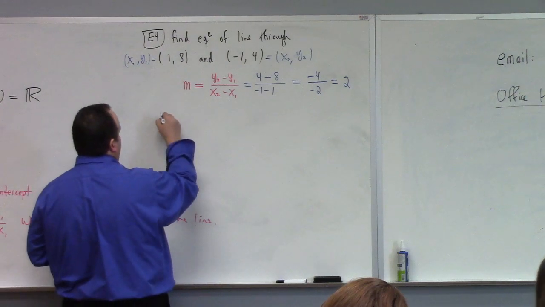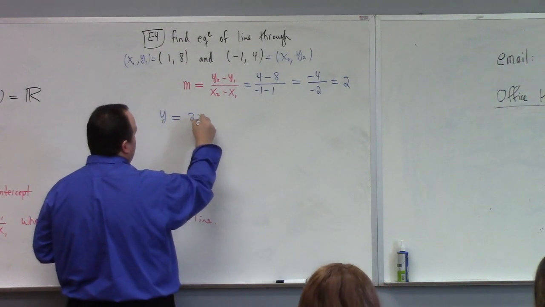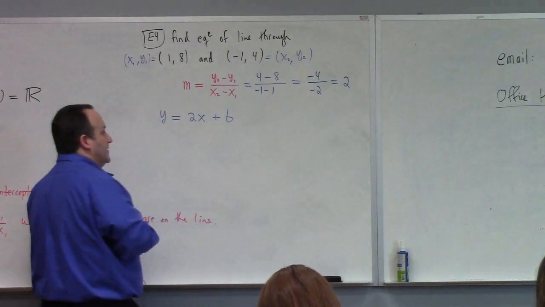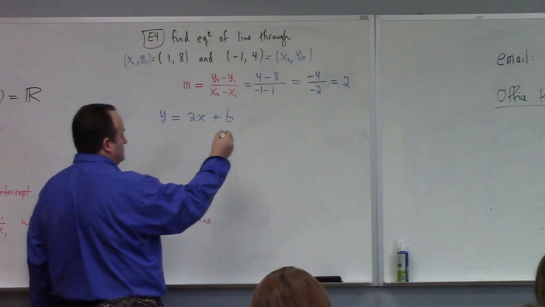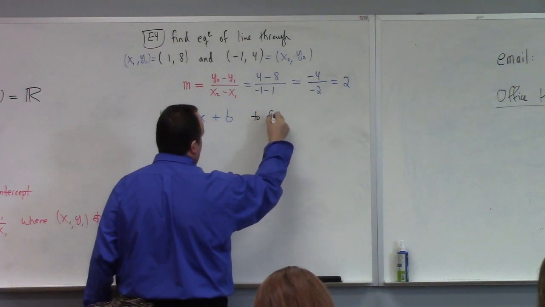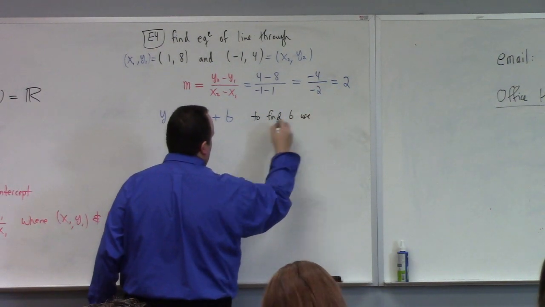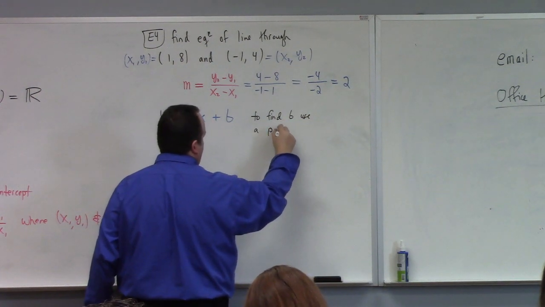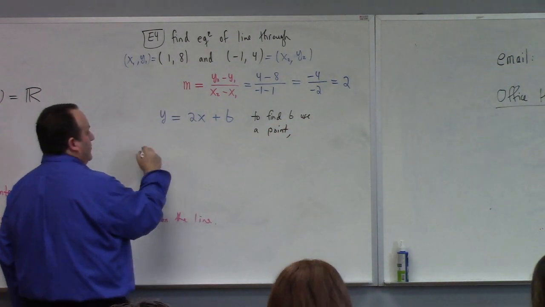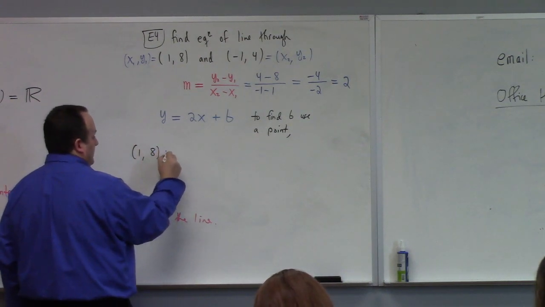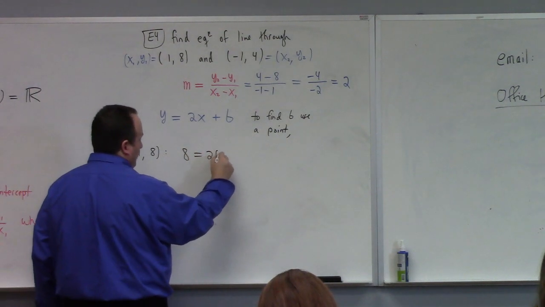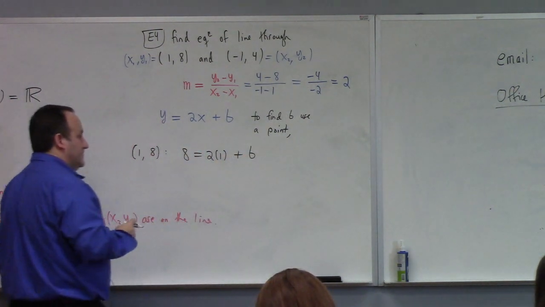Okay, so what do we know? We figured out that y is equal to 2x plus b, right? But we don't know what b is yet. How do we figure out what b is? Use a point, yeah? So we know (1, 8) is on the graph, right? So if I look at the point (1, 8), that tells me 8 is equal to 2 times 1 plus b, right?